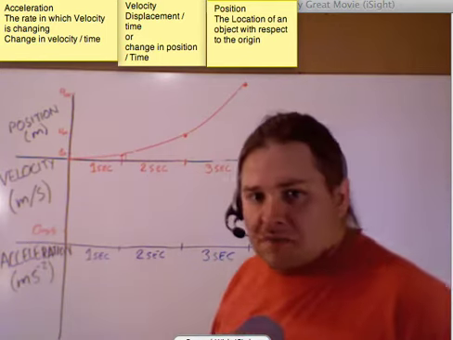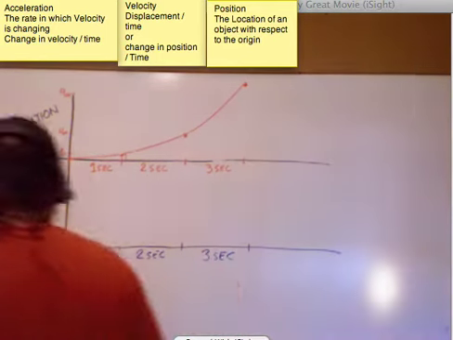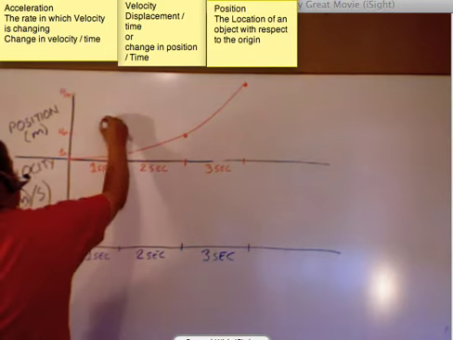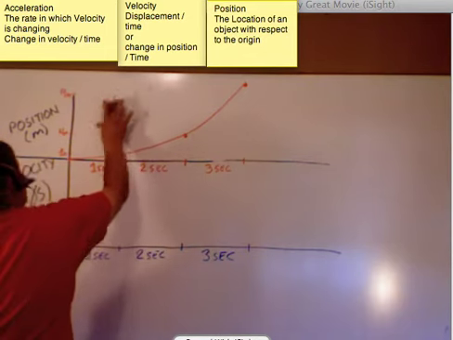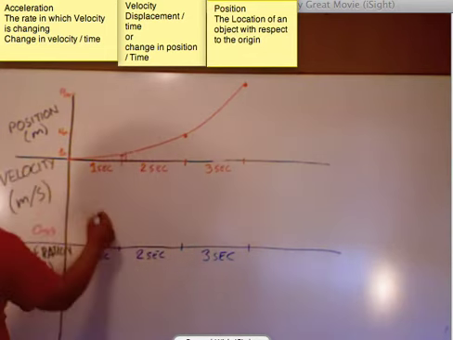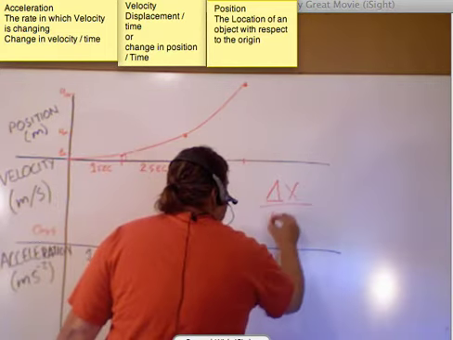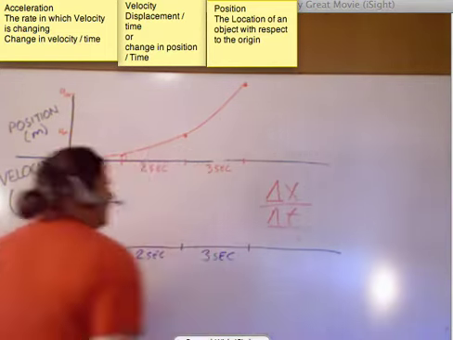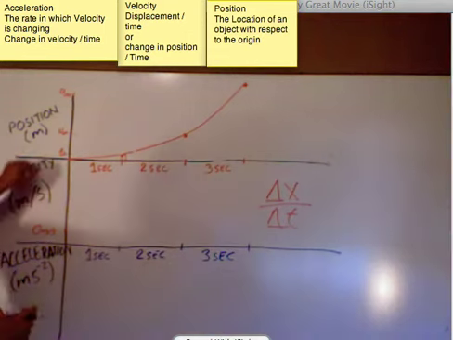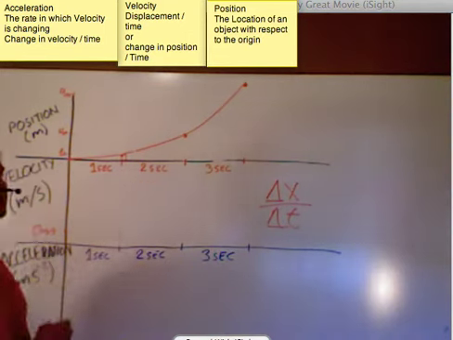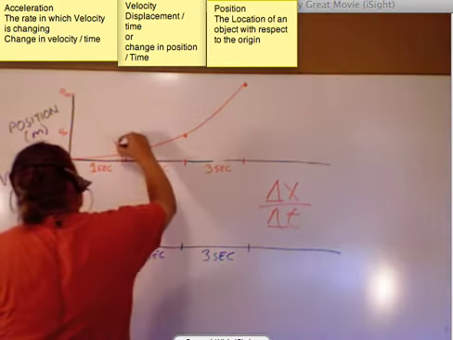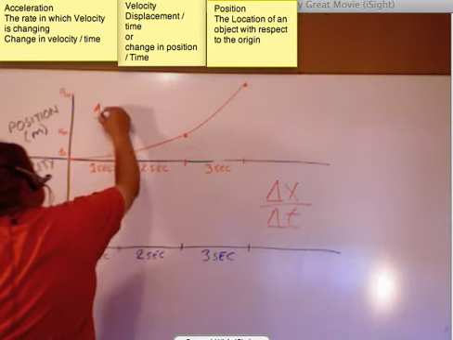Now, if I want to interpret velocity, remember that velocity is nothing more than the change in position over the change in time. So, for the first second, my change in position is a total of 1 meter.